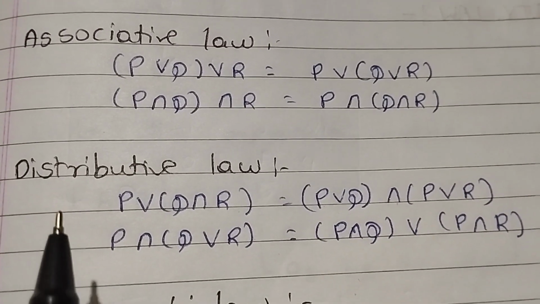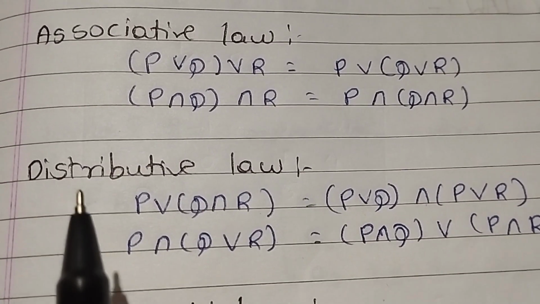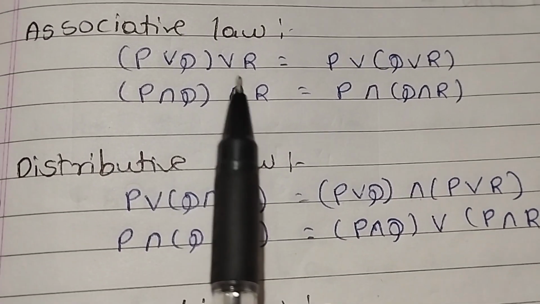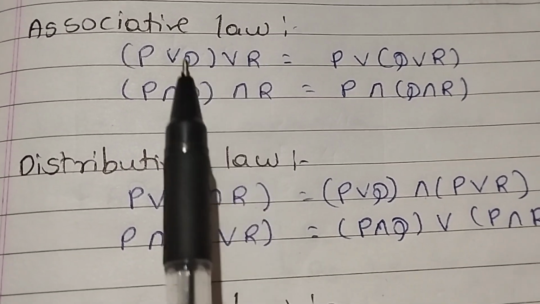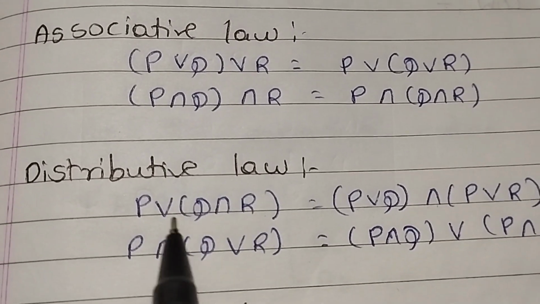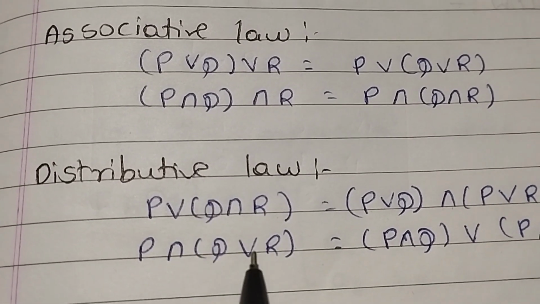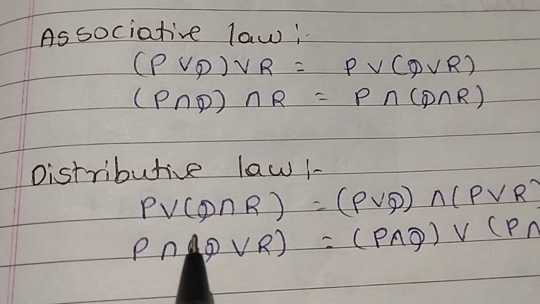Now understand when we use the associative law and when the distributive law. If the connectives are the same, we use the associative law. When the connectives are different, meaning one is and and the other is or, we use the distributive law.